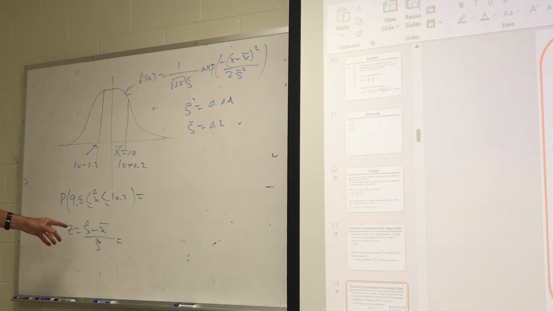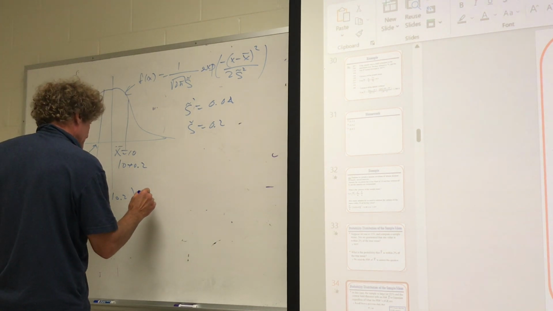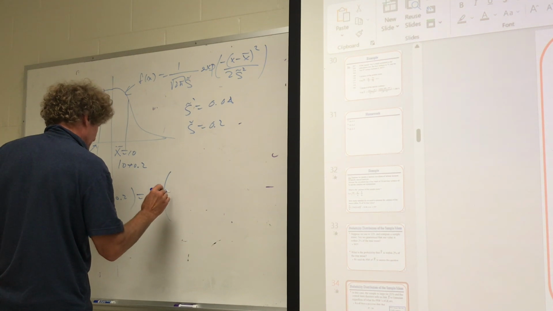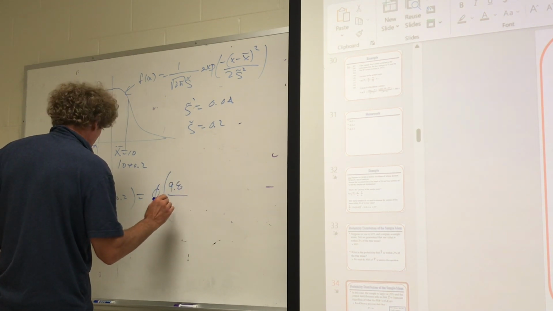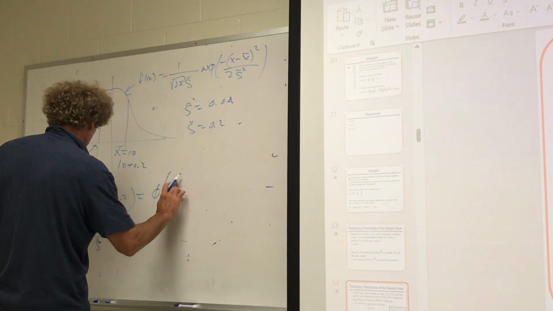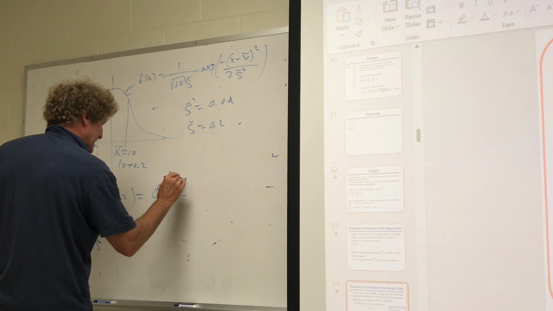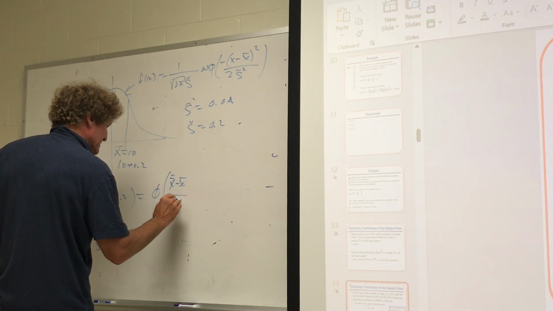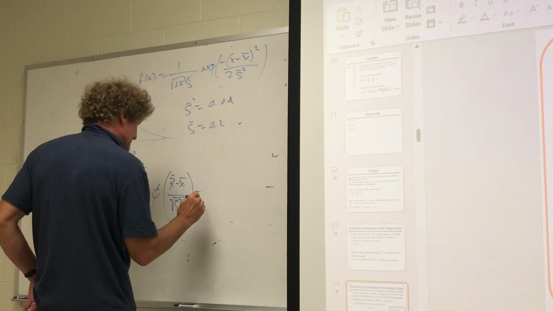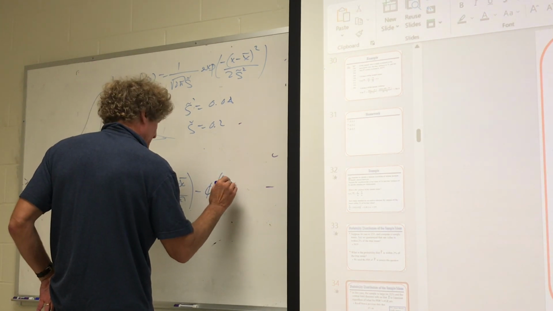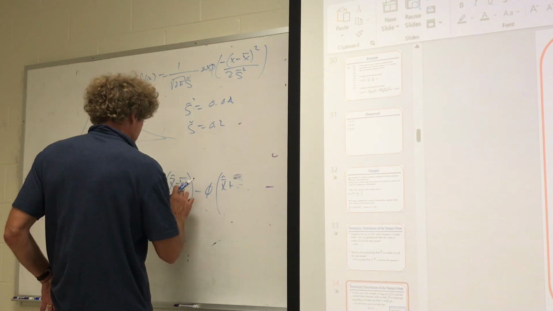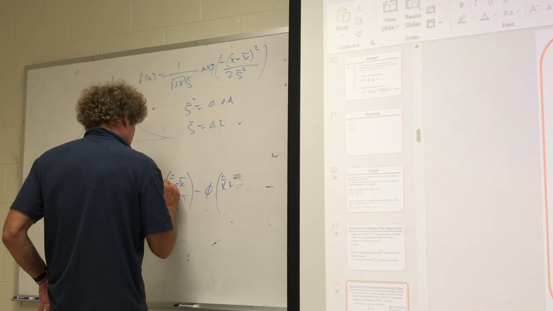If you look at the values, this is in chapter 2, where we actually used the table. He had tables to reference, but remember those Q functions and the phi function? So this is going to be equal to phi function of 9.8, should be x minus x bar over the square root of s tilde squared, minus phi of x bar plus 0.2.